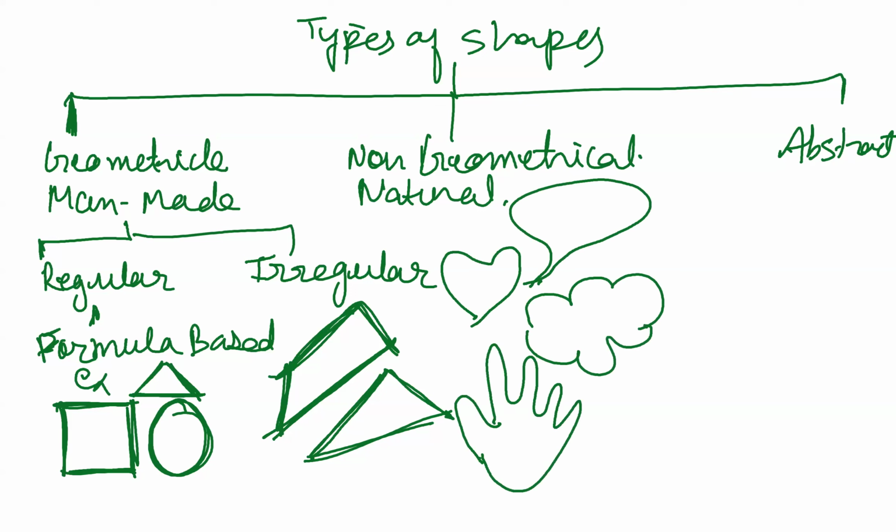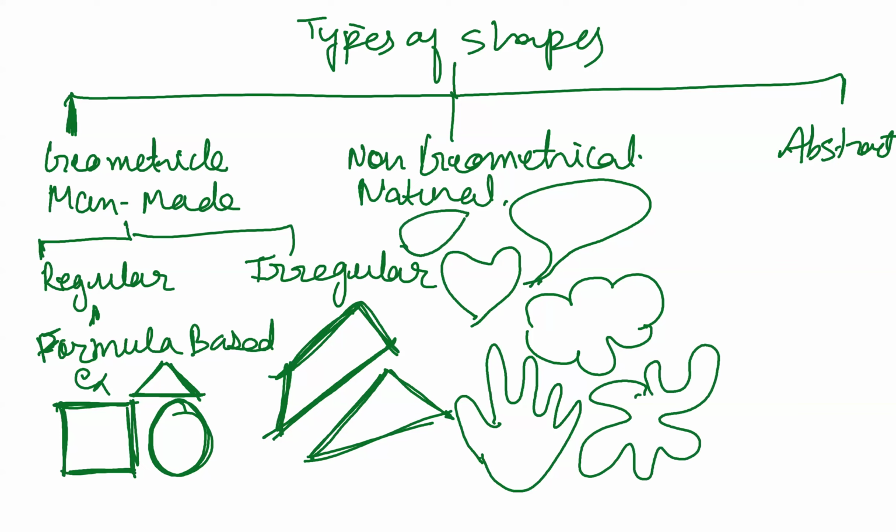Yes, class? Then you can have splash of water or in some amoeba shape kind of thing. So these are non-geometrical natural shapes. है ना? आपके पास leaf का shape हो सकता है. Did you understand, class?